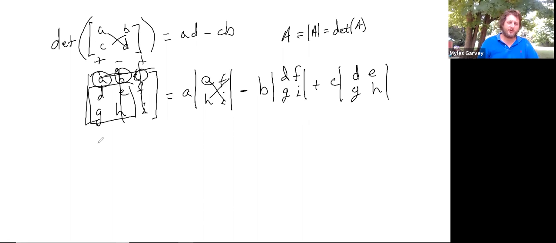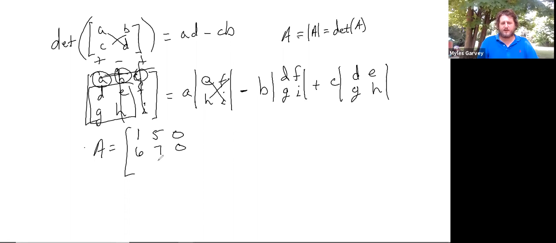So let's do an example. Suppose that we have the matrix A, and we have 1, 5, 0, 6, 7, 0, 8, 1, 4. Well, we could go about taking the determinant as we mentioned up here with the first row.